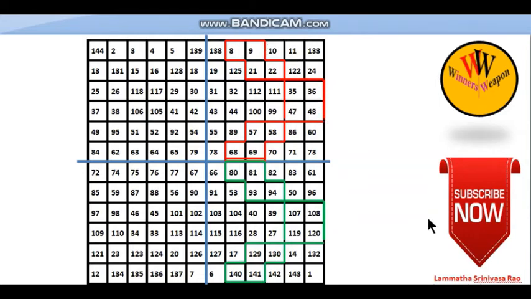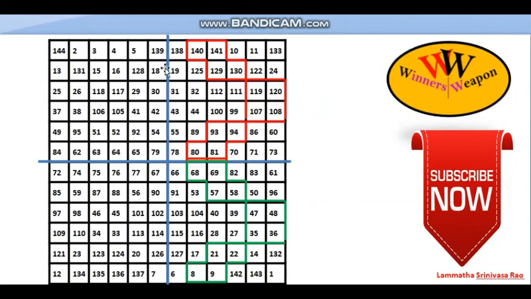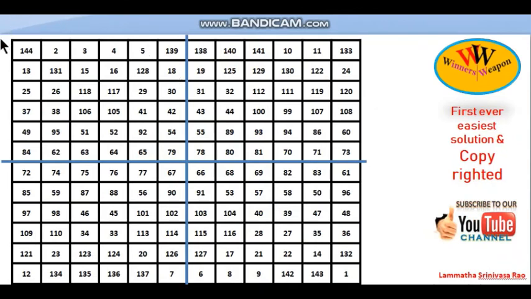That you can understand. So in this way we exchanged all the numbers. See, 119 and 120 are the numbers from the two boxes that had 47 and 48. And now finally we can convert all the numbers into the black color, the same color.